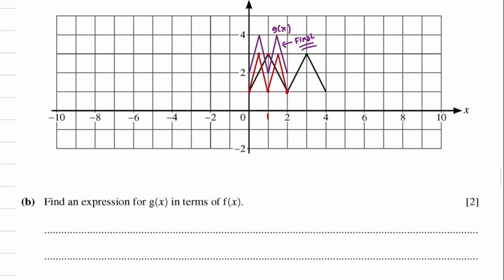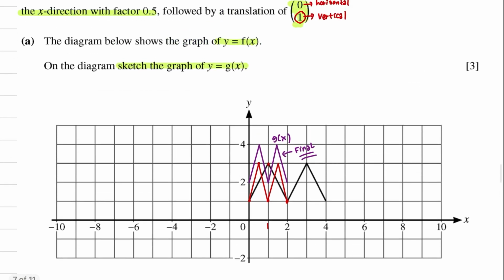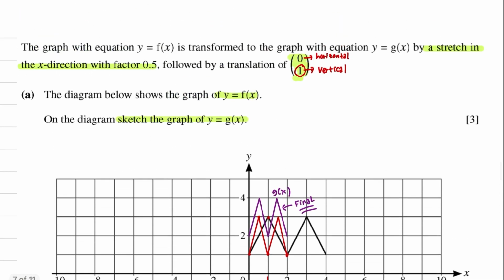The second one, find an expression for g(x) in terms of f(x). As you can see, this one is horizontal. And after that, this is vertical. So the order will not affect our equation because one is horizontal, one is vertical. So we can do whichever one you want first, but let's do the order. So the first one is a stretch in the x direction with factor 0.5.